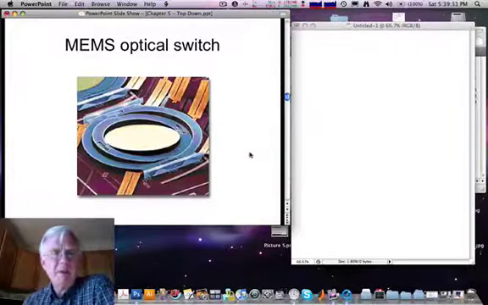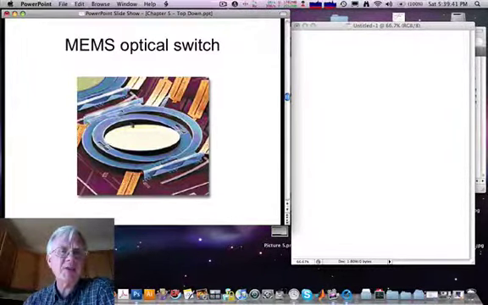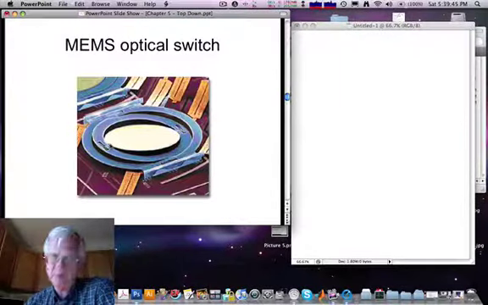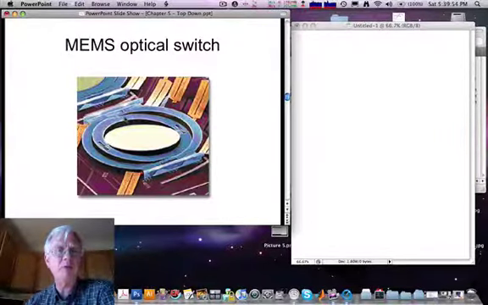MEMS structures can be extremely exotic. Here is an example of an optical beam steering mirror. You can see the mirror as a shiny piece of silicon in the middle. It's held by torsion bars, which are very small pieces of silicon attached to this gimbal mount that similarly have torsion bars connecting them to the outer rings.